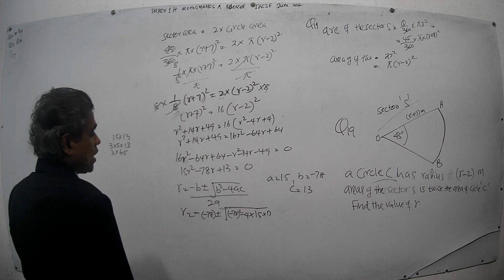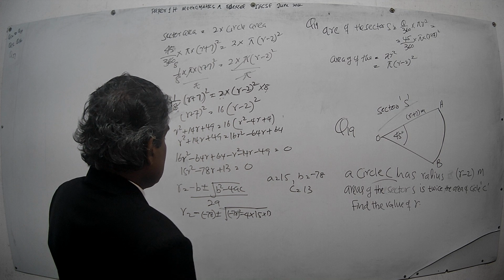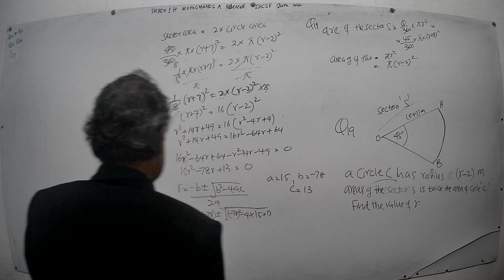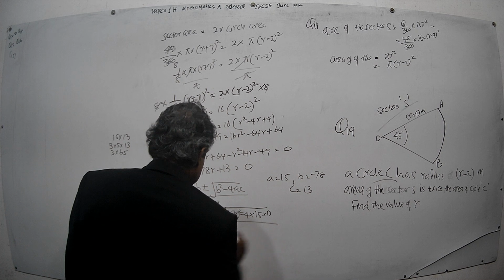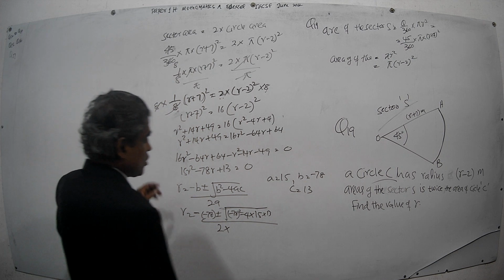I don't think this can be solved because this minus 78 squared must definitely be greater than all these things. Then 2a, which means 50.